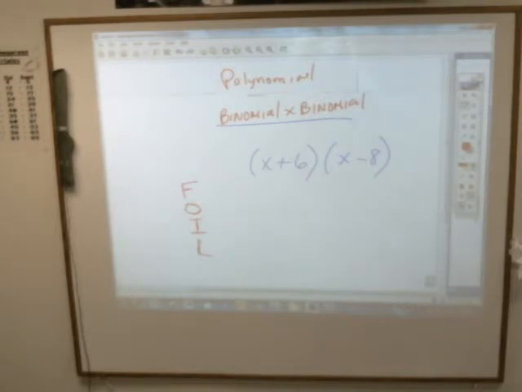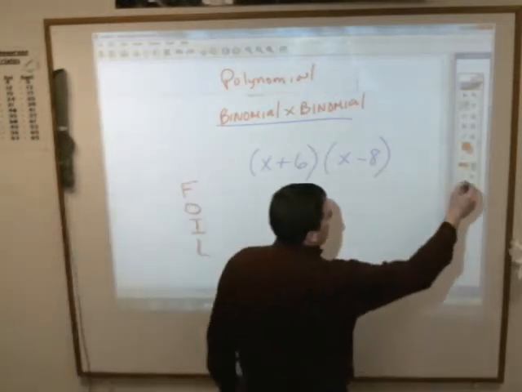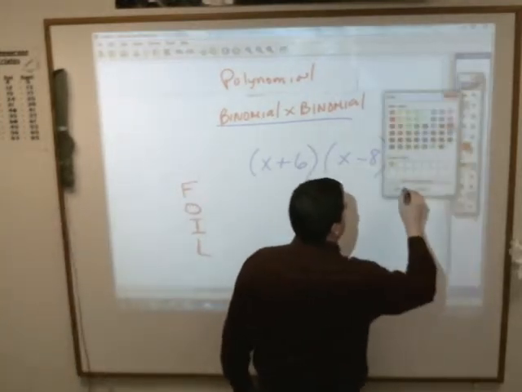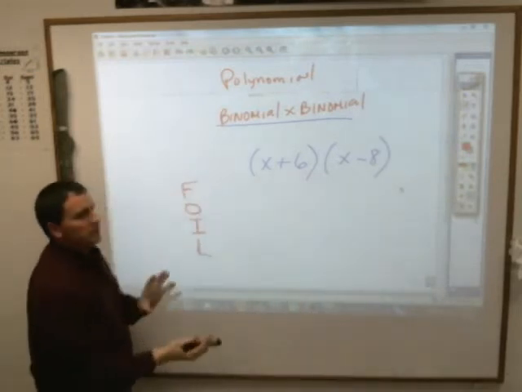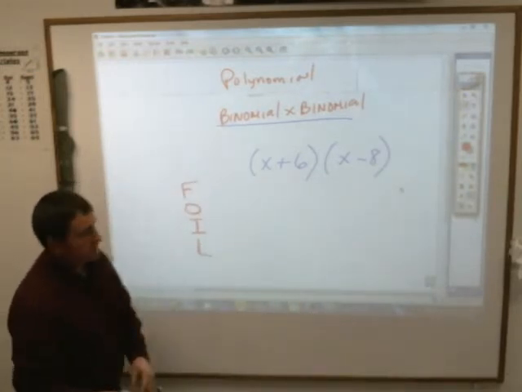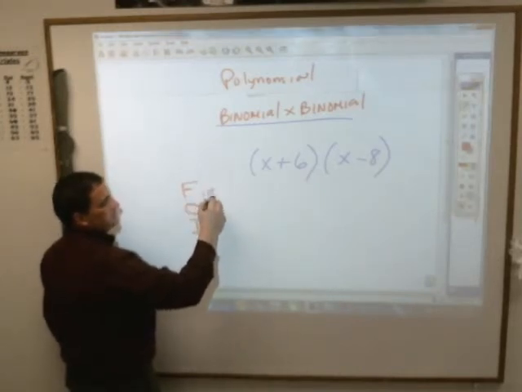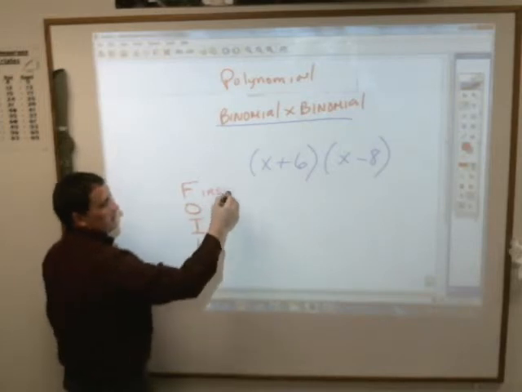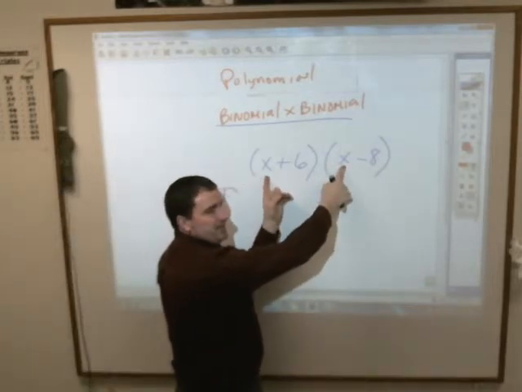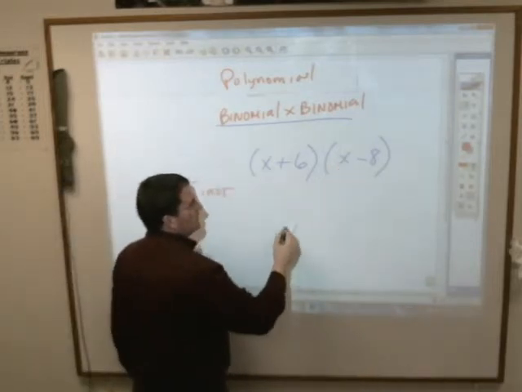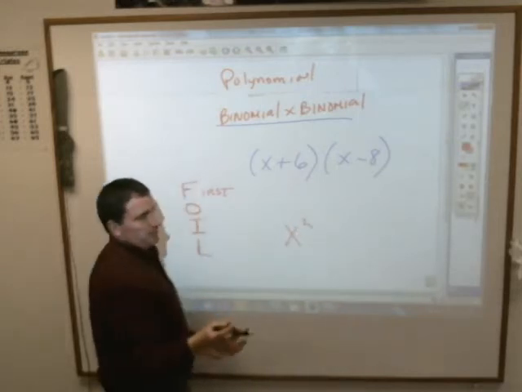Because what it boils down to is this. When you get your answer, which is going to be a trinomial in this case, the first term of your trinomial is what you get when you multiply the two first terms together. In other words, this x times x, x squared, is going to be my first term in my answer.